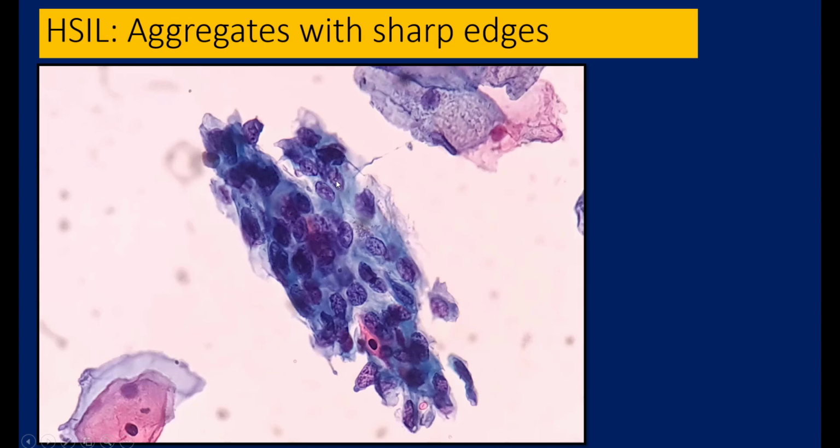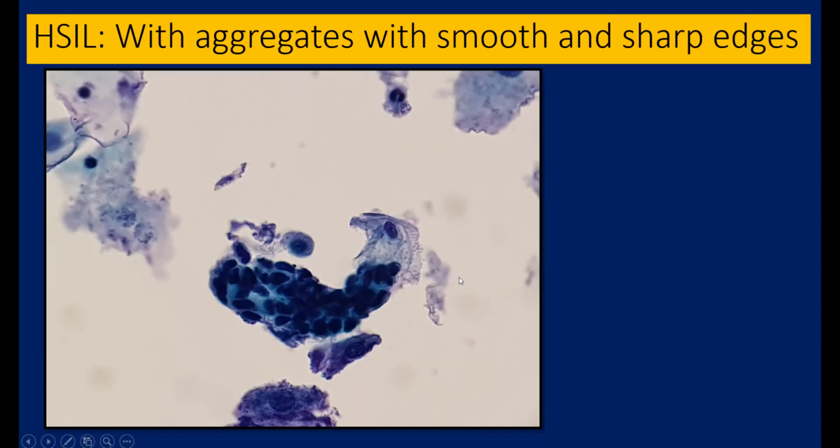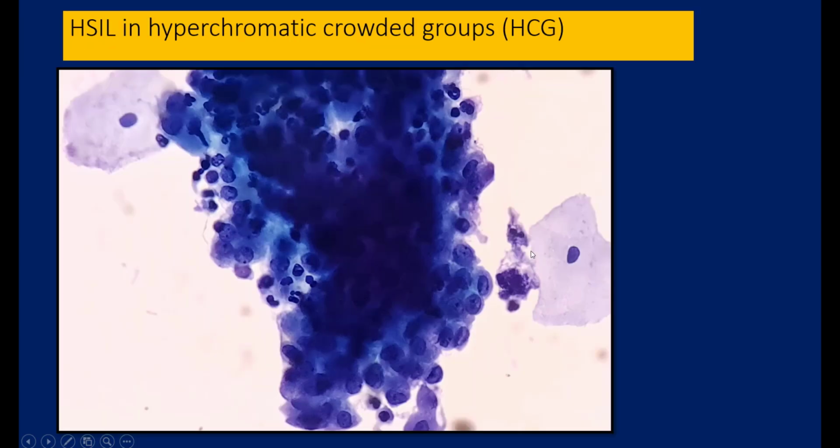There is a marked degree of nuclear membrane irregularity, and HSIL cells may be present like this. And here is a cell which is keratinized. Here we have another aggregate of HSIL cells, where some parts have rounded edges, whereas certain other parts have sharp edges.